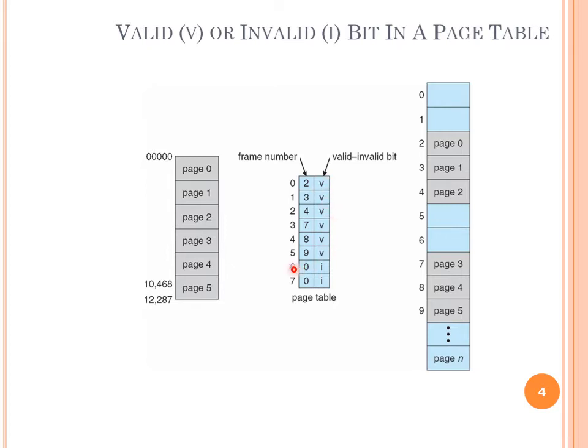Then pages 6 and 7 are not there in this, so they are indicated with invalid bit, and these are the corresponding frame numbers. That is, page 0 is available at frame 2, and similarly page 5 is available at frame 9. So this is how the valid invalid bit is added with every frame in the page table.